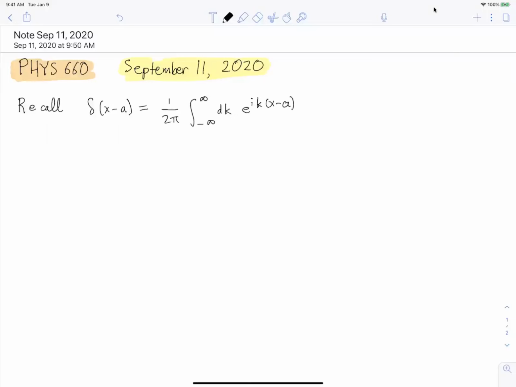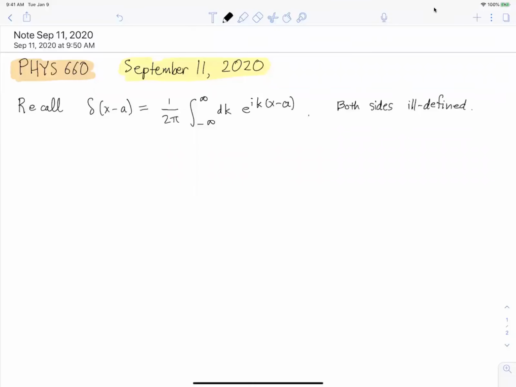Now, both sides of this equation are technically ill-defined because the delta function doesn't exist really as a function. It's something that we sort of pretend is a function, even though it's not. And on the right-hand side, that integral doesn't actually converge.